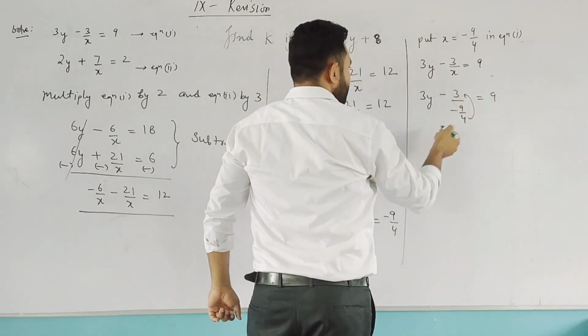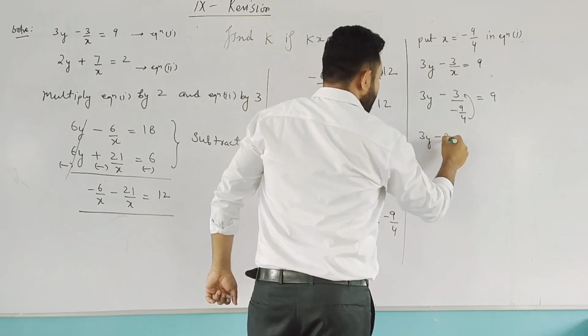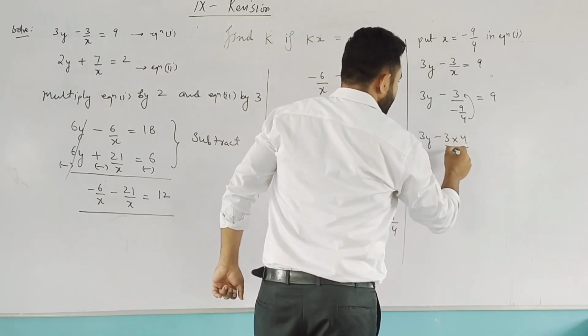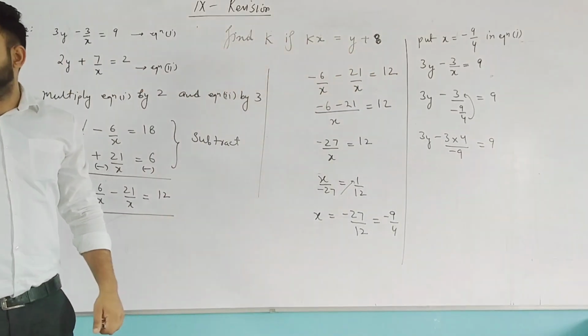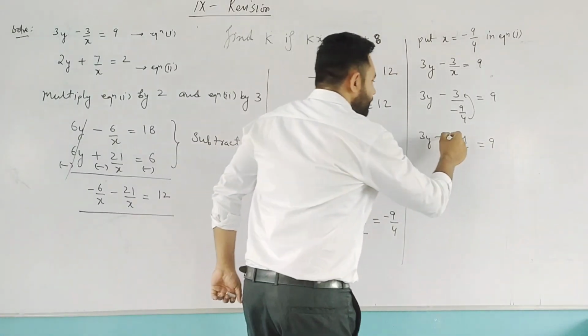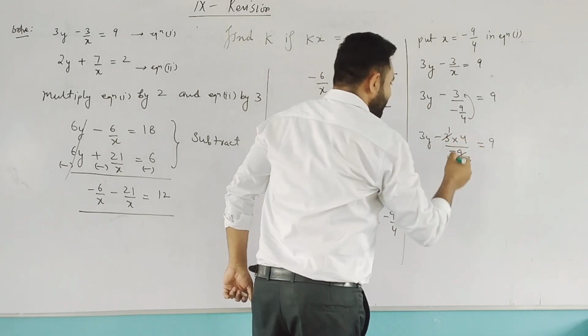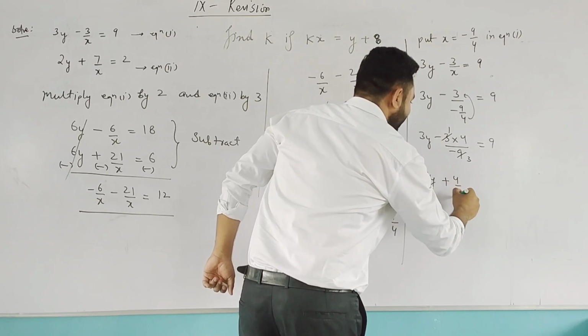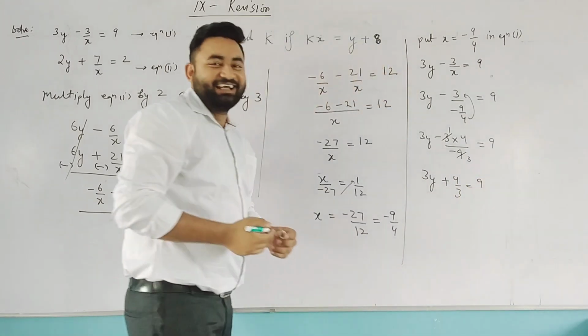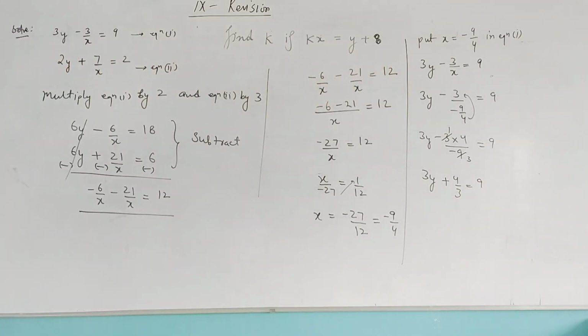This 4 gets multiplied by 3. Also, we can simplify this equation. 3 into 3 is 9, which becomes 3y minus of minus 4 by 3, that is plus 4 by 3, equals 9.